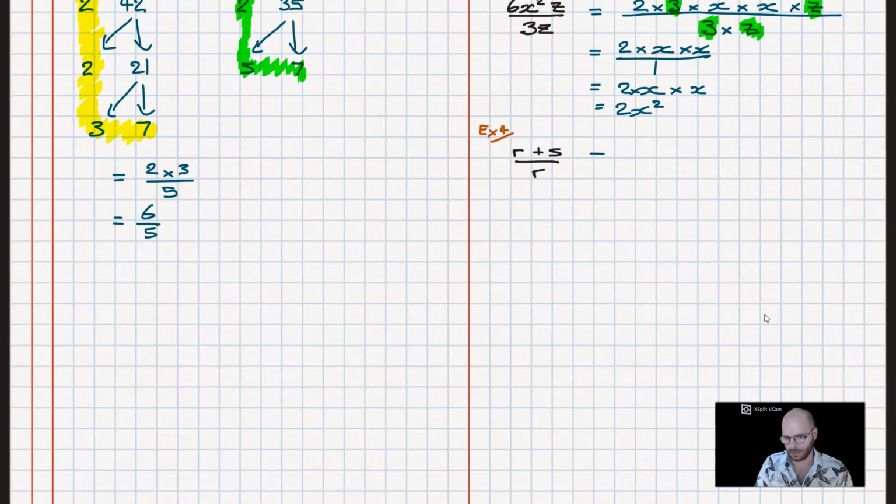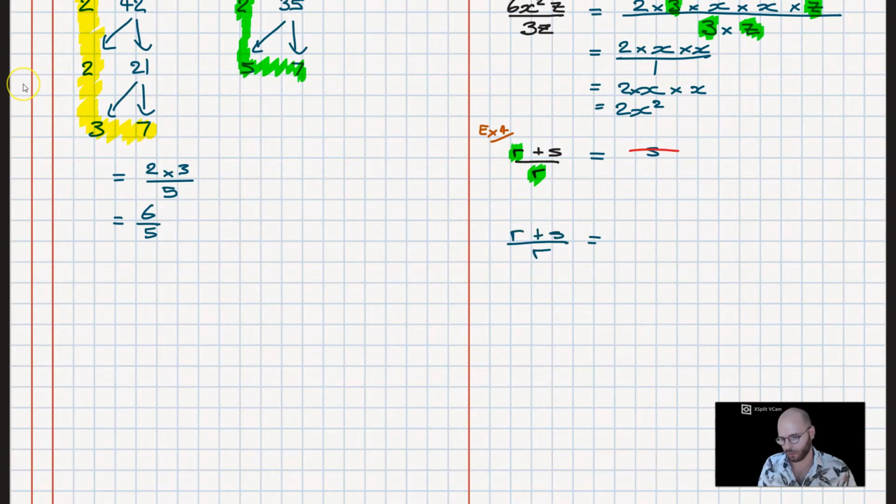Now finally we have example 4. So this one's a little bit different. Everything's broken up into its prime factors, but what's slightly different is there's a plus here. Now, you might be really gung-ho and you might see we've got an r over here and we've got an r here, so therefore we can write s. And if you did that, you would be incorrect.